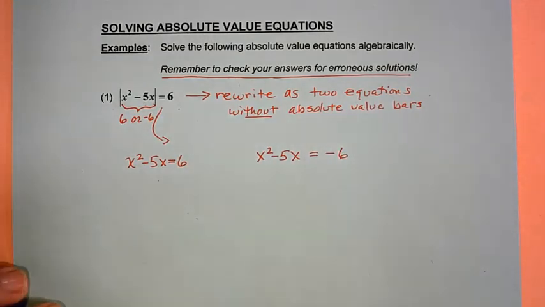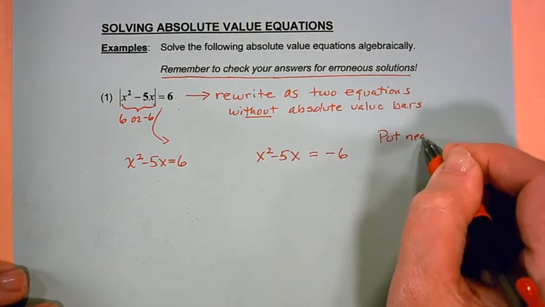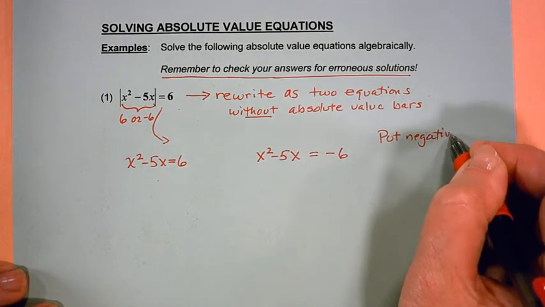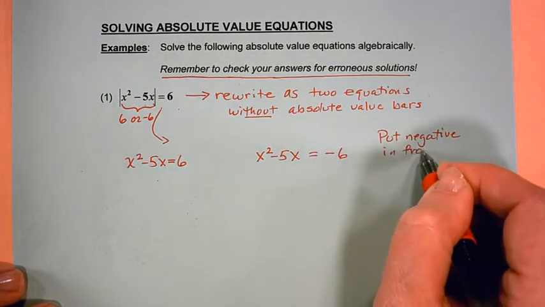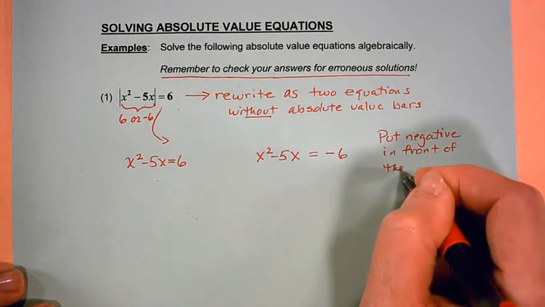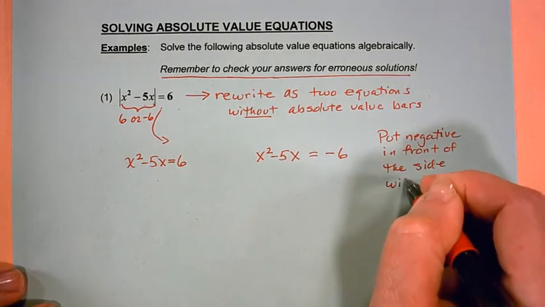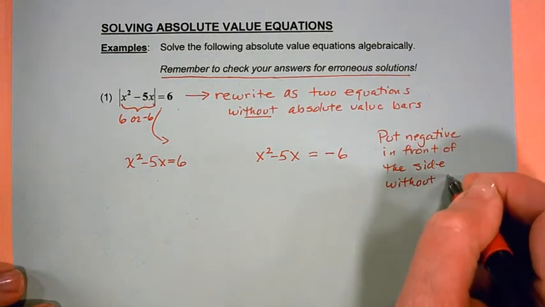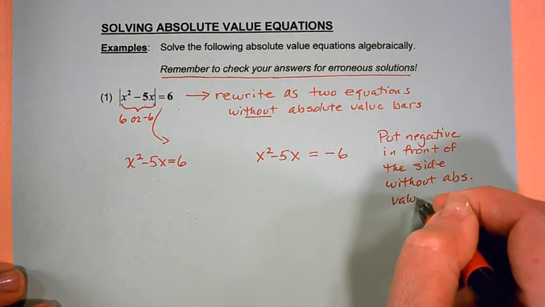So the technique is to put a negative in front of the side without the absolute value bars.